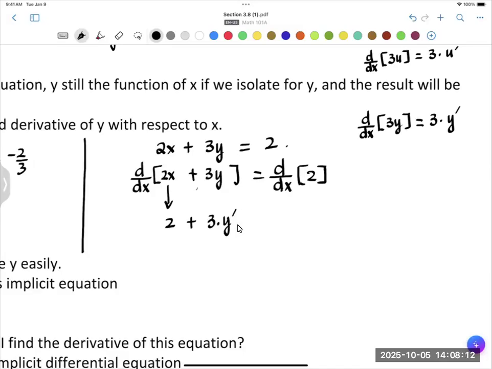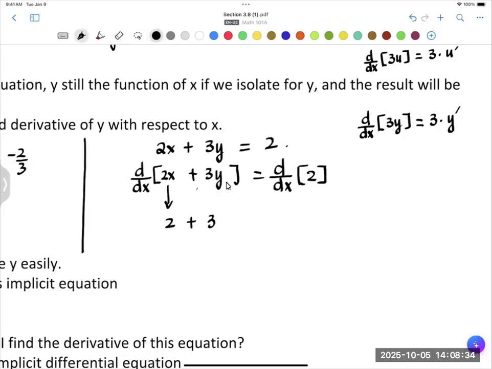Think about it: if we forgot the y prime and just took the derivative of 2x as 2 and 3y as 3, and the derivative of 2 is 0, that doesn't make sense, because 2 plus 3 does not equal 0. No way, right?